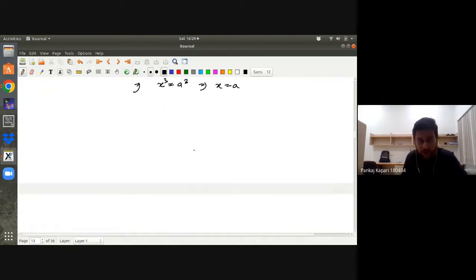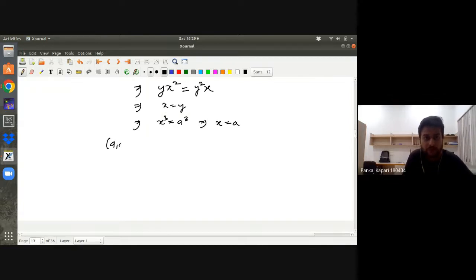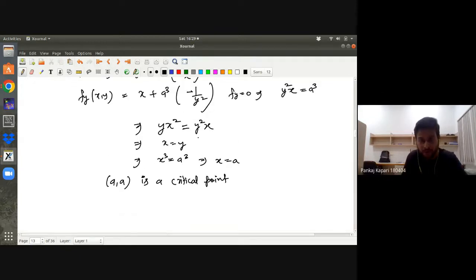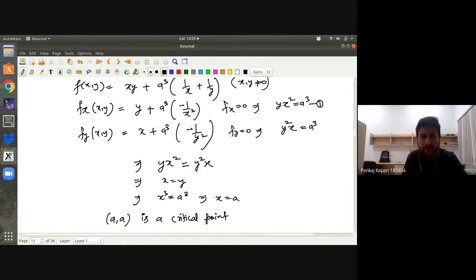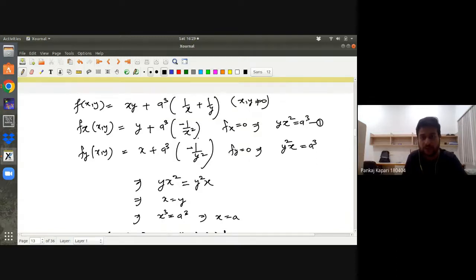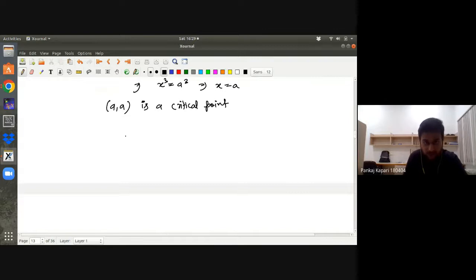So what is our critical point? (a, a) is a critical point. Now we have to further find the second derivatives, for these we need R, S and T. First let's find the second derivative fxx.